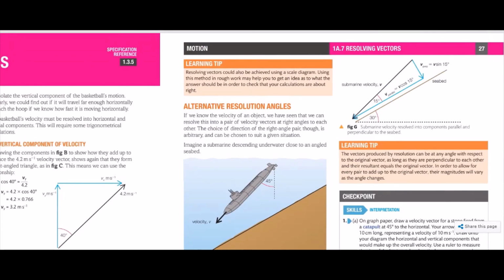consider the sloping seabed you can see in figure G in your textbook. In this figure, you can draw the traditional xy axis, with an angle of 90 degrees between them. So this is x, and this is y. And consider the submarine velocity that is given on the figure.